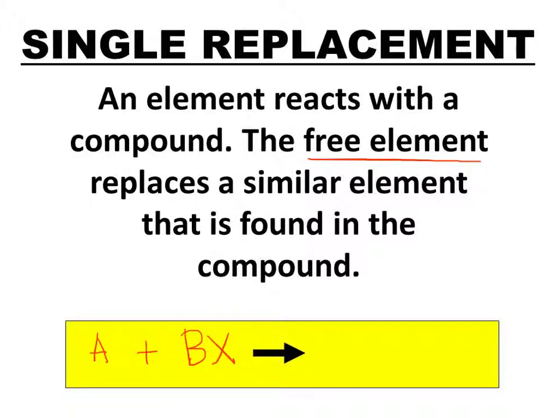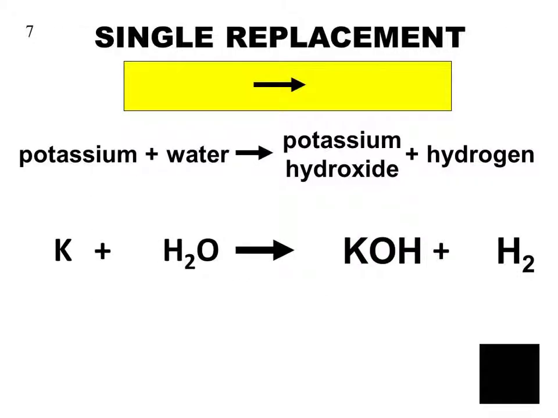What will happen is that my X, which could be a halogen or any compound, is transferred to the A, and so my product will have AX, and I will have B, now a free element. So again, here's the generic equation. A plus BX yields AX plus B.